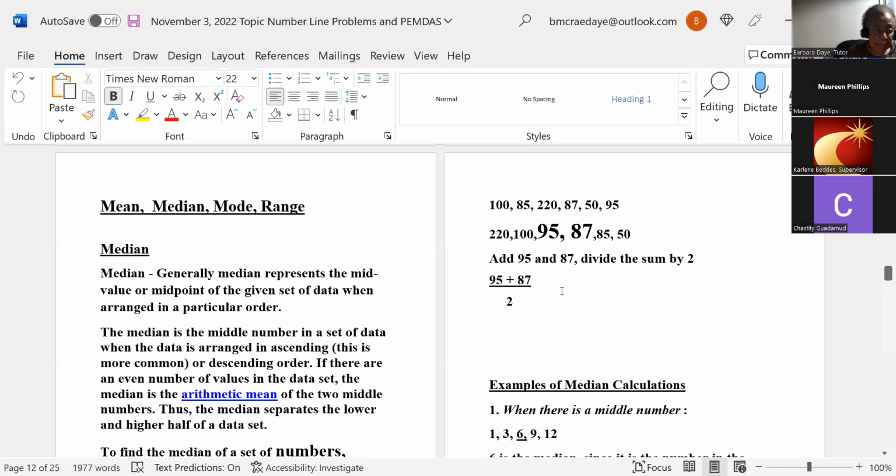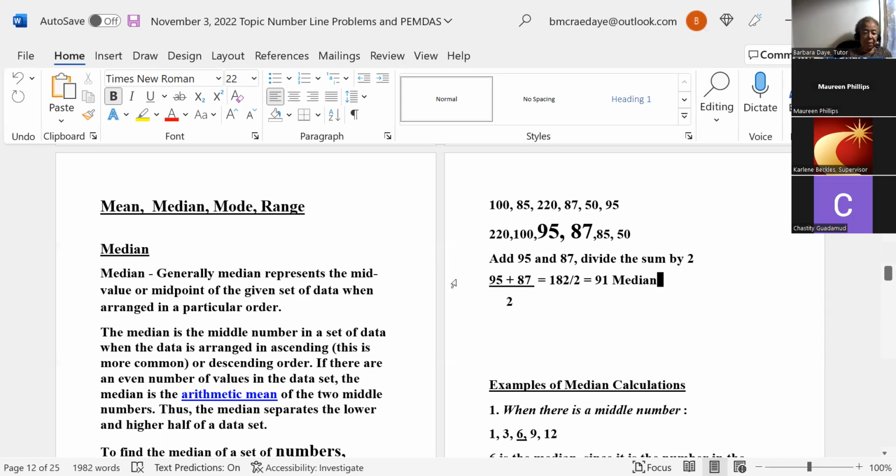So 95 plus 87 is 182, and divided by 2, what is that equal to? 91. All right. So median is equal to 91.